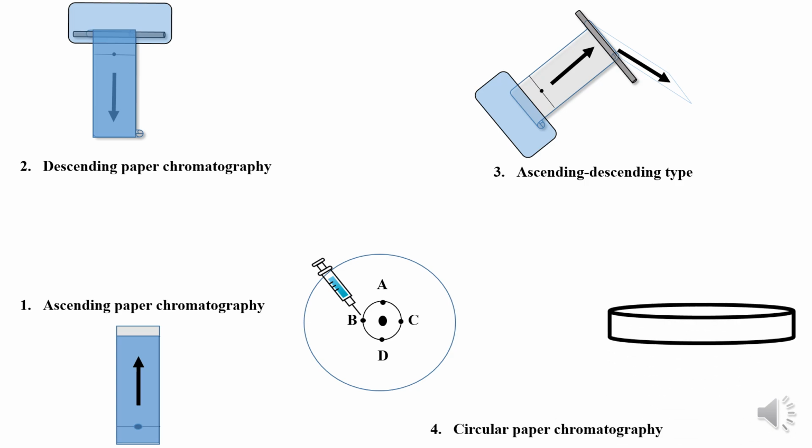And meanwhile you can prepare the chromatographic chamber. You can take a petri plate of suitable dimension, fill it with the mobile phase, cover the petri plate, and set it aside for saturation. This may take around 5 to 10 minutes.